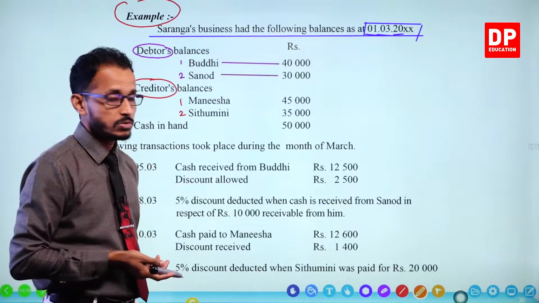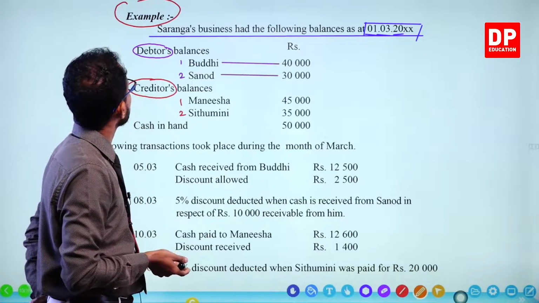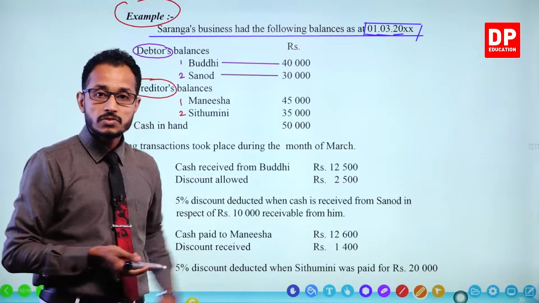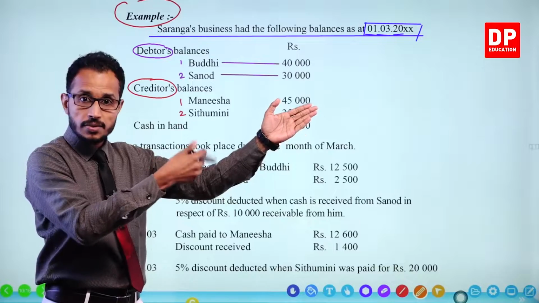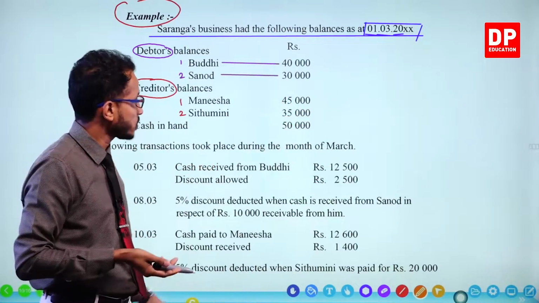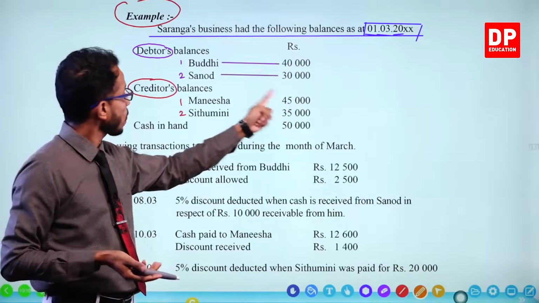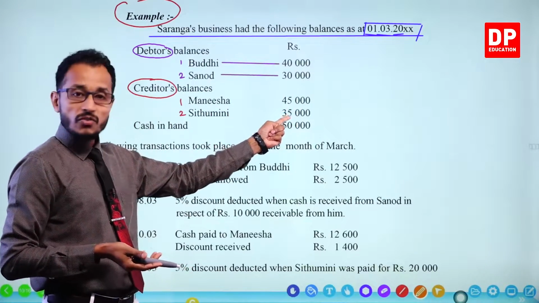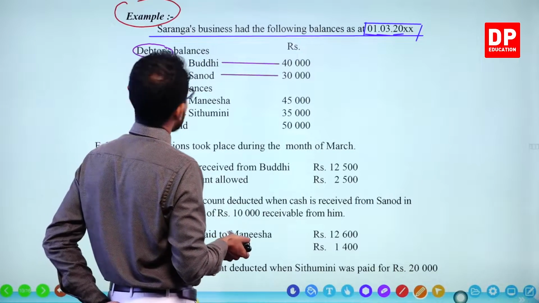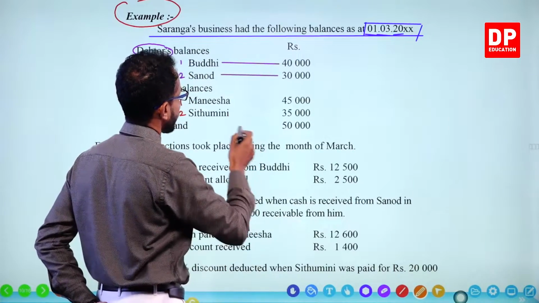We have bought goods from Manisha, and we owe her 45,000. We haven't paid. Still have a balance of 45,000. That is the meaning of opening balance. Situmini also we are owing 35,000. Two ladies as creditors.